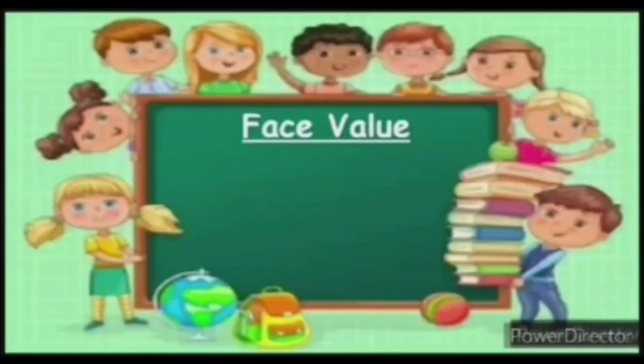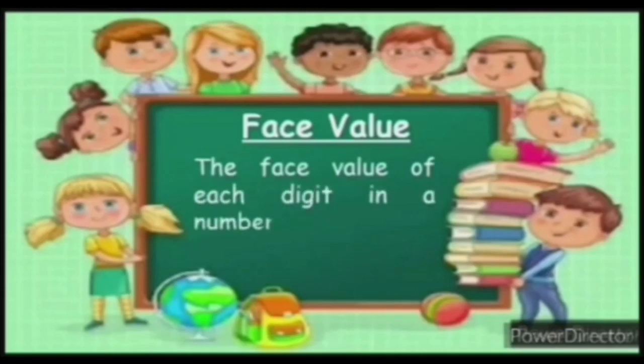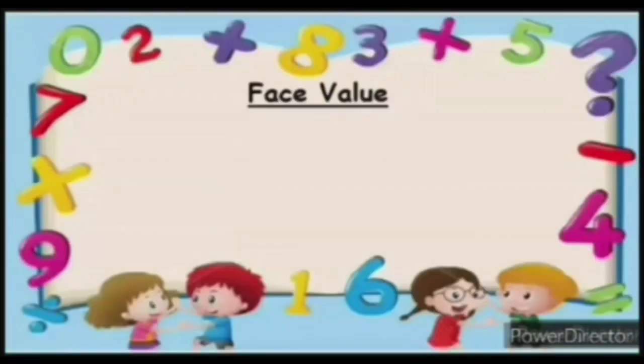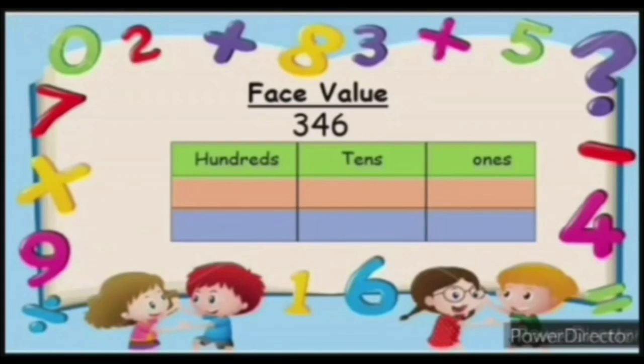Now let us learn about face value. The face value of each digit in a number is the same as the digit itself. For example, let us take the number 346. Let us place each number in their respective column. Number 3 is in the hundreds column, number 4 is in the tens column and number 6 is in the ones column.